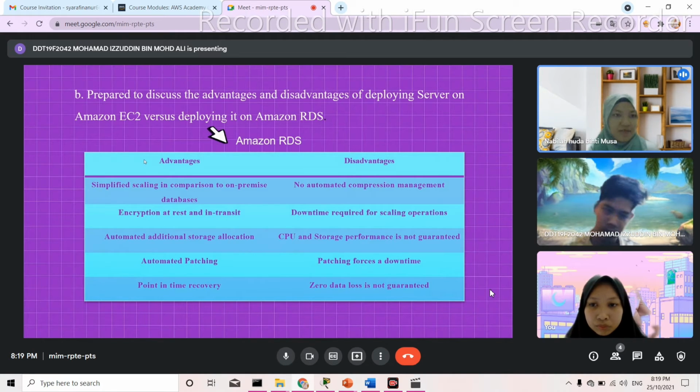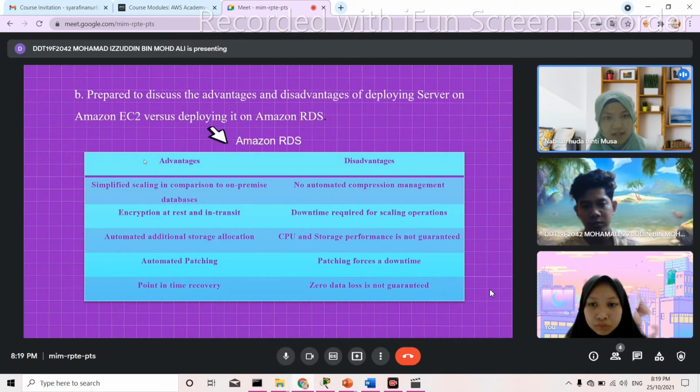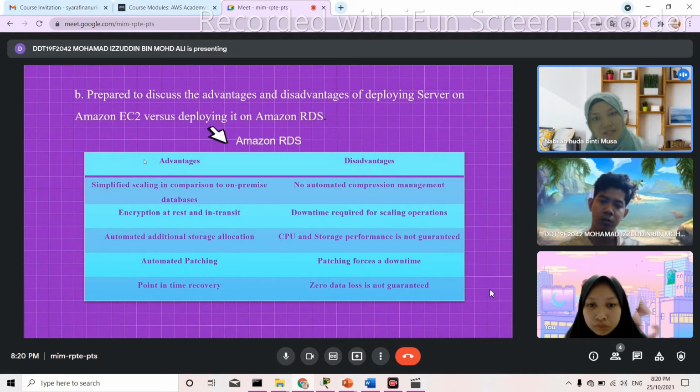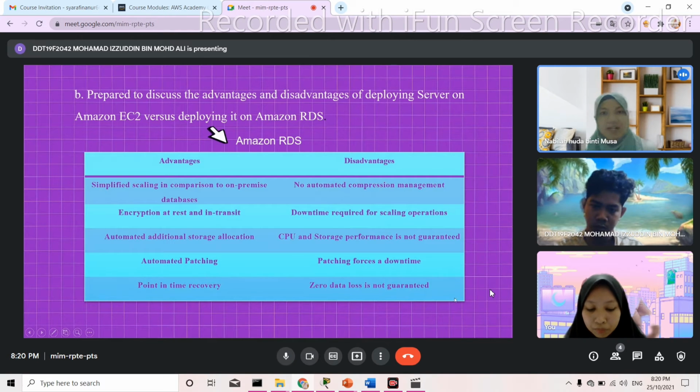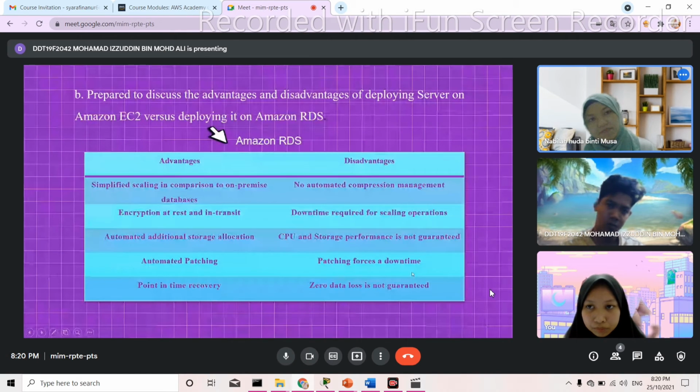Advantage: encryption at rest and in transit, and disadvantage: downtime required for scaling operation. Automated additional storage allocation, and disadvantage: CPU and storage performance is not guaranteed. Advantage: automated patching with fewer downtime faults, and advantage: point in time recovery. Disadvantage: zero data loss is not guaranteed.